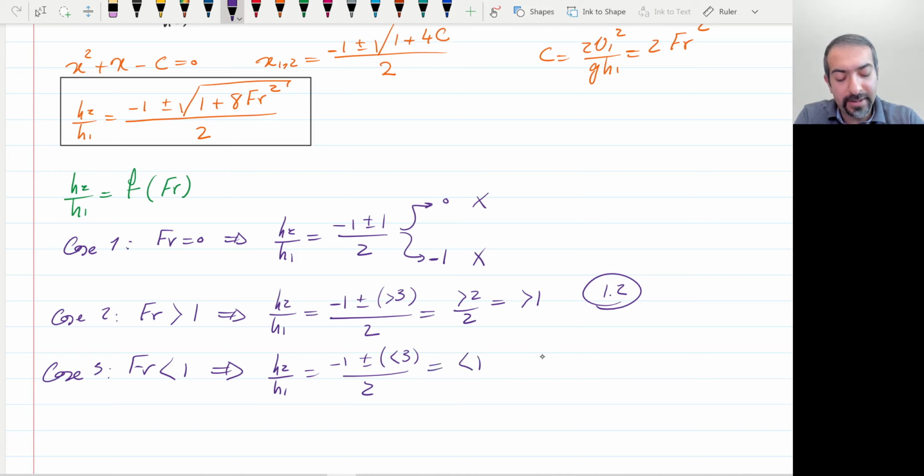And again, this is not acceptable because, as we're going to see, this requires some energy being pumped into the system. But we don't have a mechanism to do that, at least we didn't introduce this in this problem. So this is the general format here, the expression with two stars, and then for different Froude numbers, we're going to get different results as we discussed.